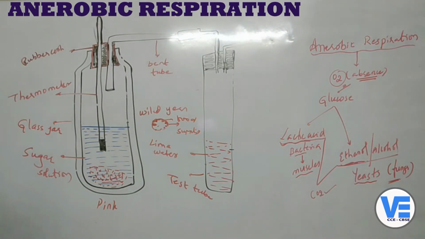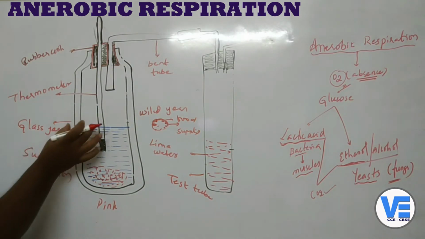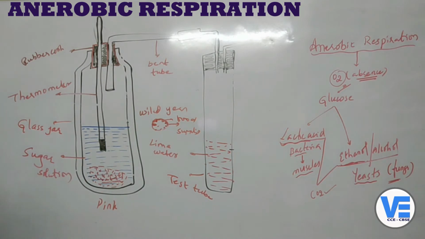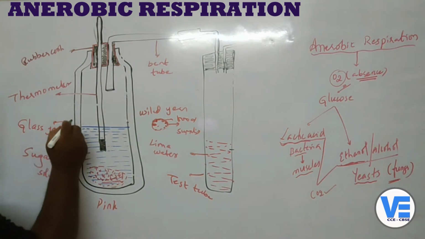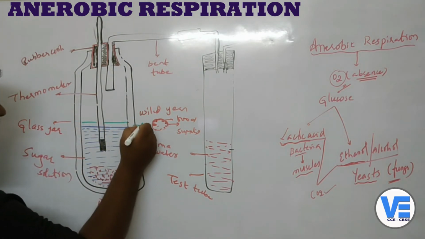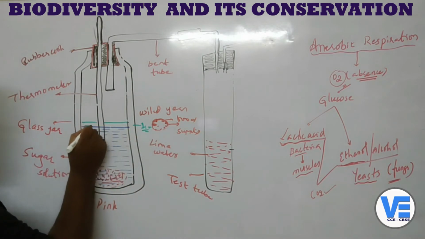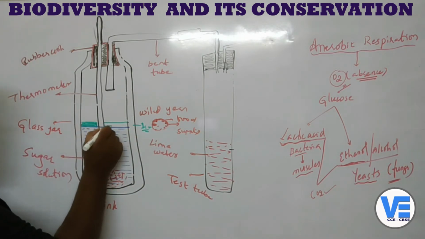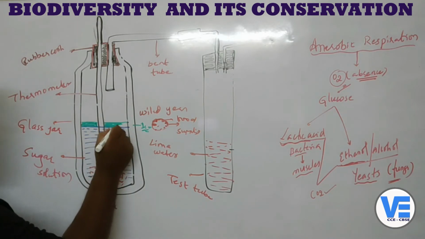Moreover, to avoid the contact of air, you can take some liquid paraffin, at least 1 centimeter, and put it in. This liquid paraffin, above the sugar solution, will not dissolve in it.